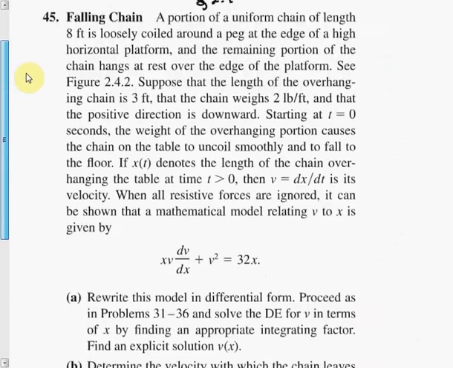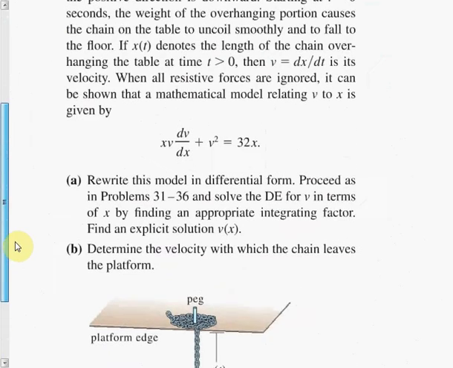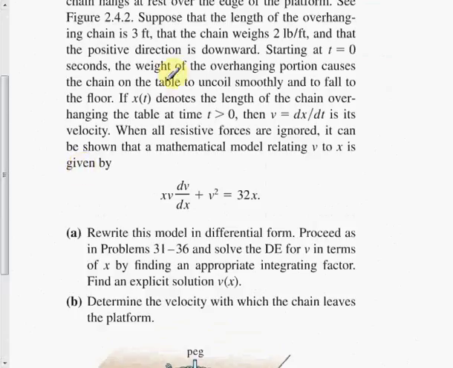So here, a portion of a uniform chain of length 8 feet is loosely coiled around a peg at the edge of a high horizontal platform, and the remaining portion of the chain hangs at rest over the edge of the platform. You see the diagram there. Suppose the length of an overhanging chain is 3 feet, and that the chain weighs 2 pounds per foot, and that the positive direction is downward.